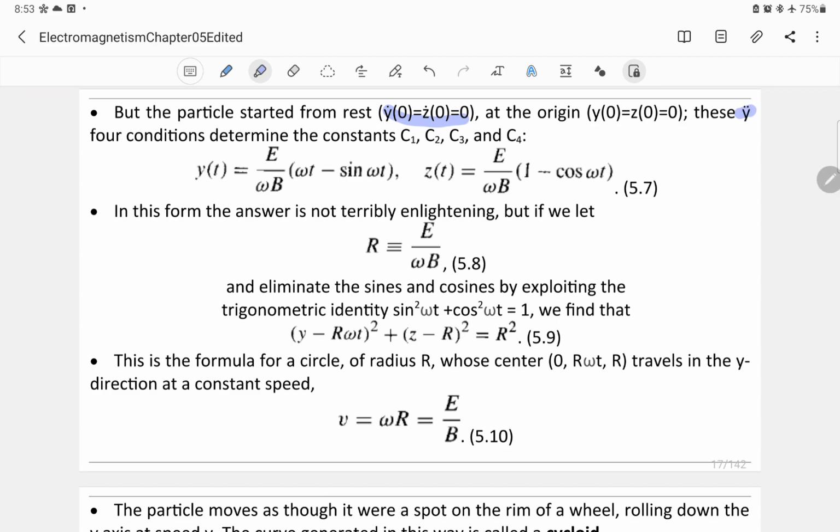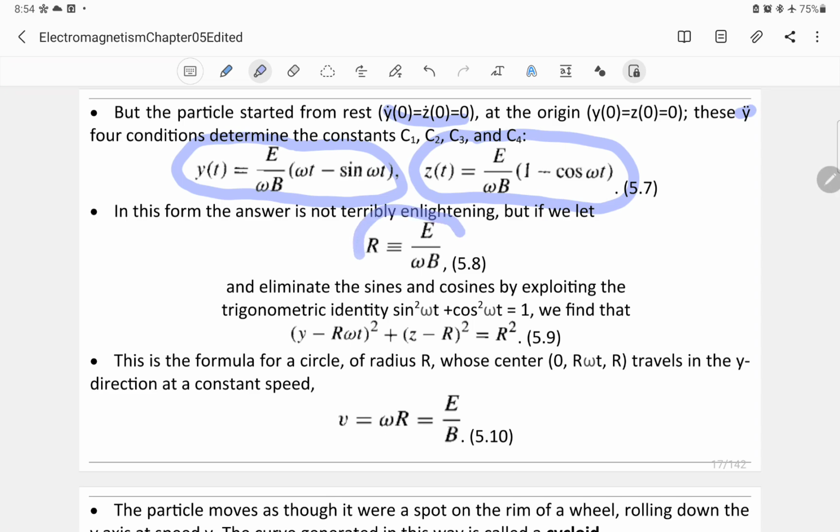There should be four conditions to determine the constants C1, C2, C3 and C4. So if you start to eliminate and solve the differential equation, you'll be able to get this and this one for z, the equations of motion in the y-axis and in the z-axis.